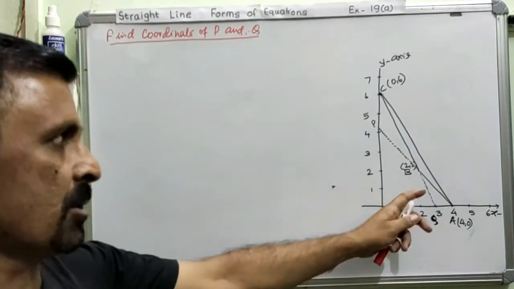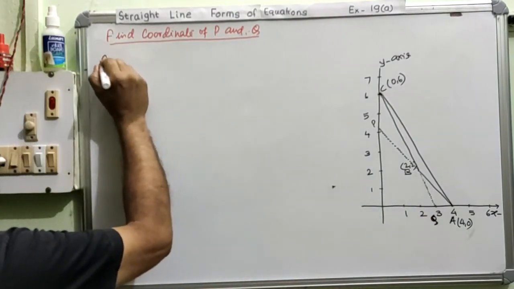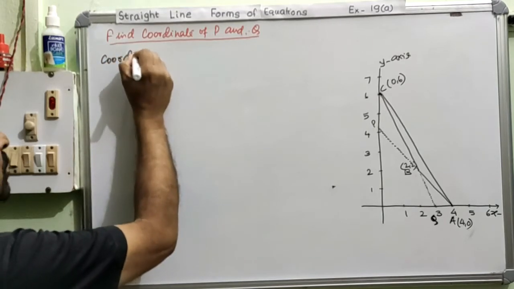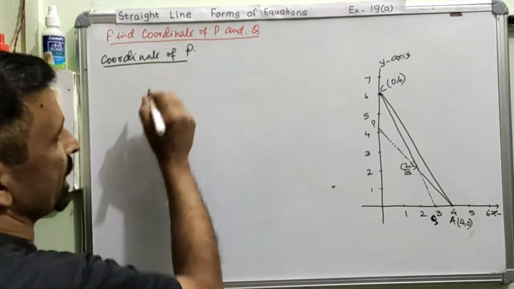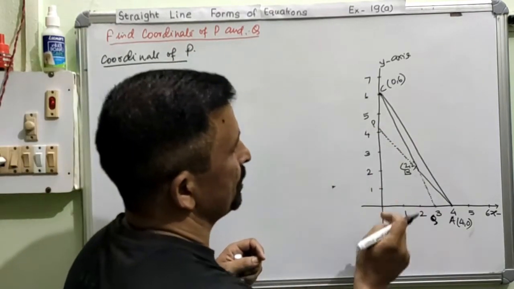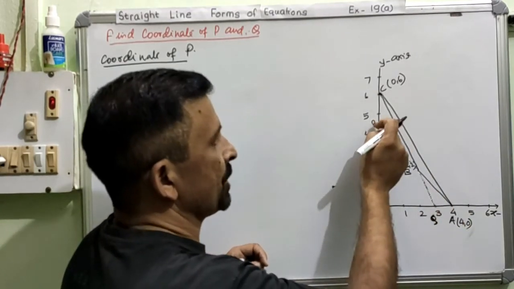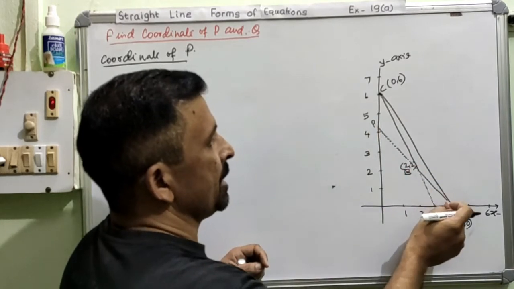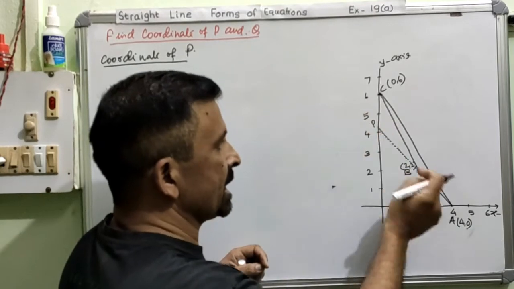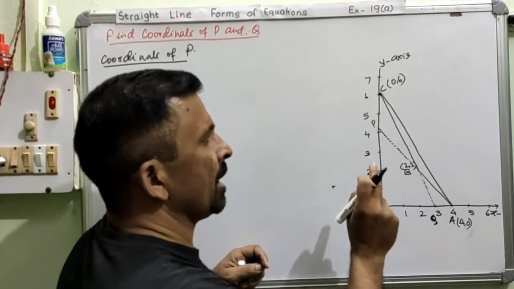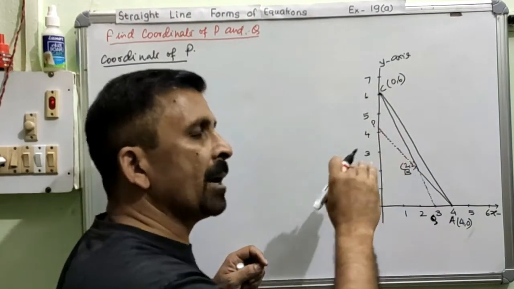So let us first find the coordinate of P. What will we do to find the coordinate of P? Because the line AB is extended to get the point P, this indicates that A, B and P are collinear, meaning they are on the same line.